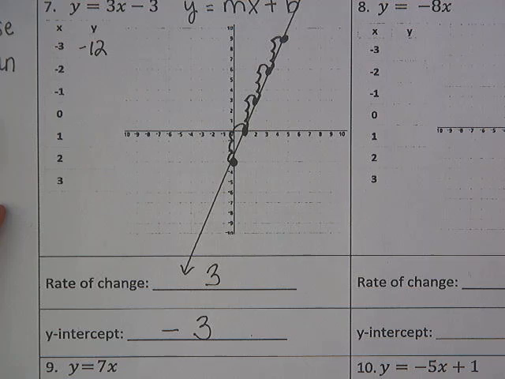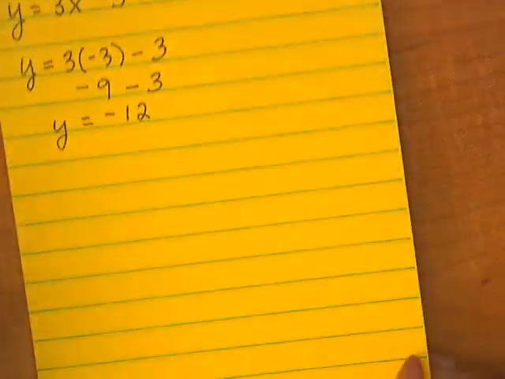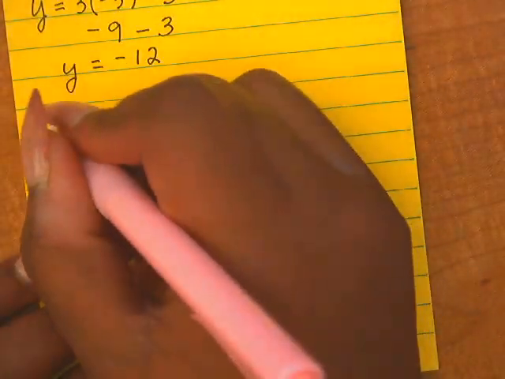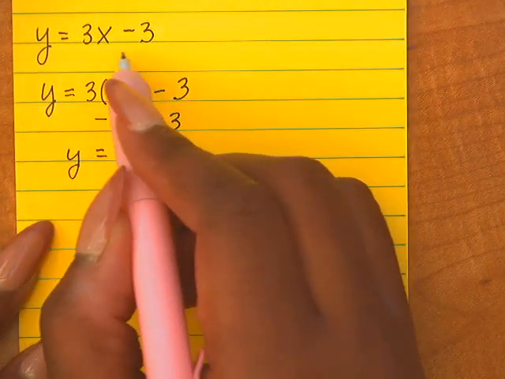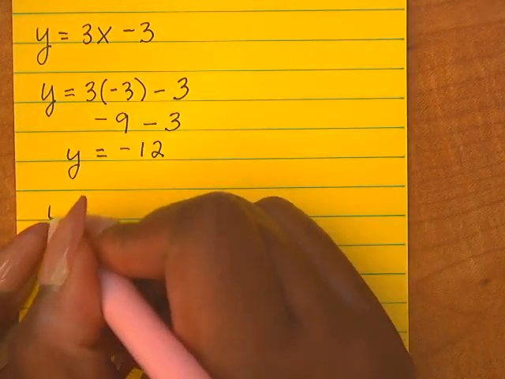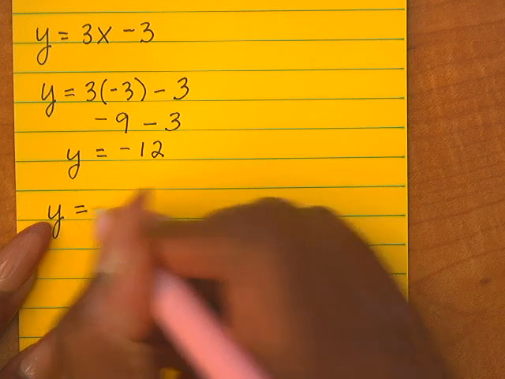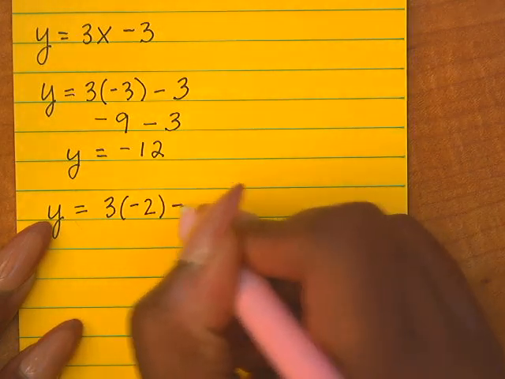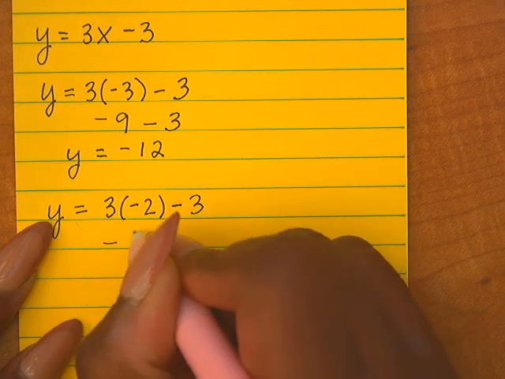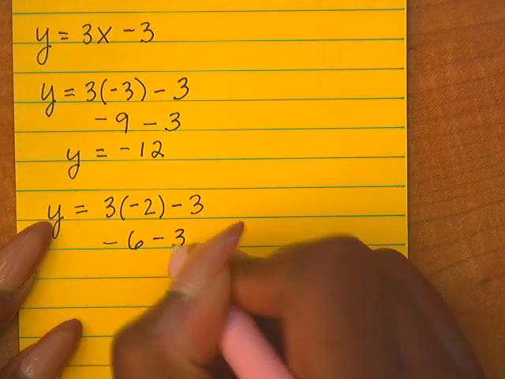Now let's see where it's going to be at -2. Same equation, y equals 3x minus 3, but this time my input is going to be -2. 3 times -2 minus 3. -6 minus 3.